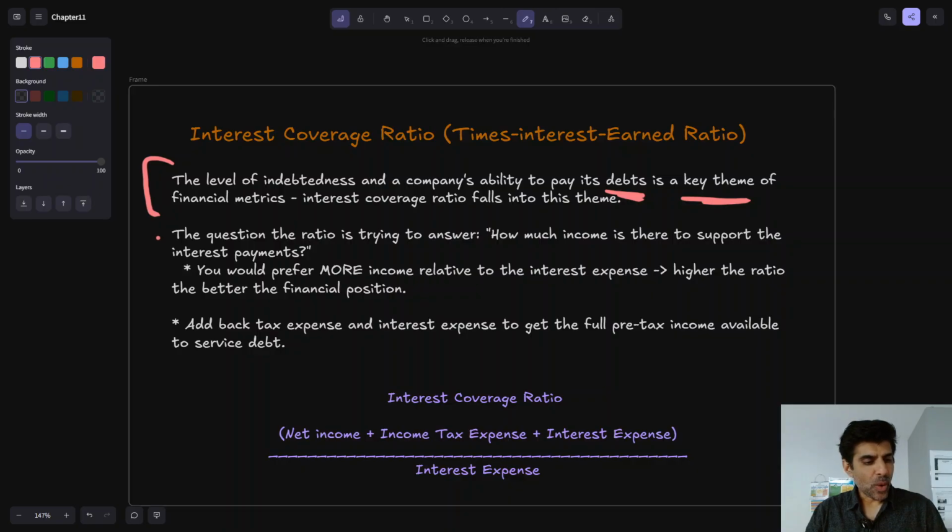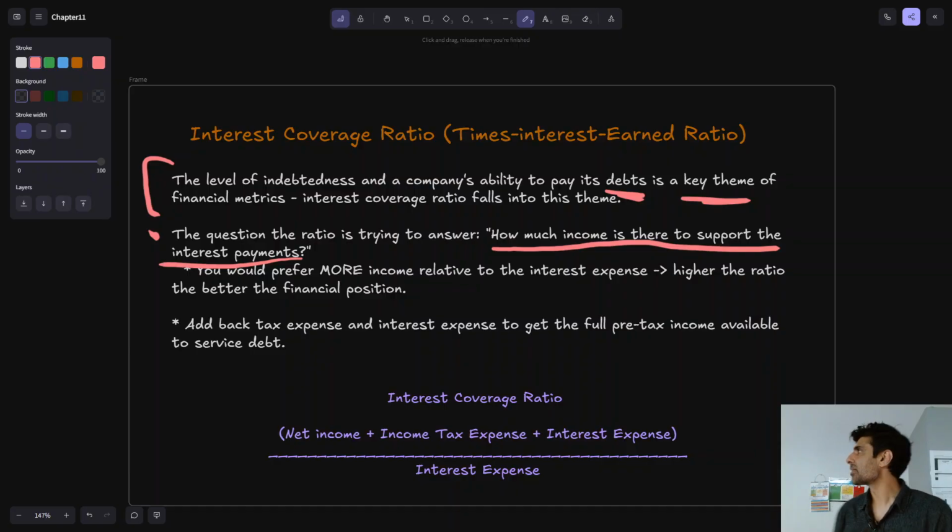So what this ratio is trying to answer is how much income is there to support interest payments. Okay. So it's like if you have credit card debt of say $10,000, who do you feel better about if you had to lend another 10,000?